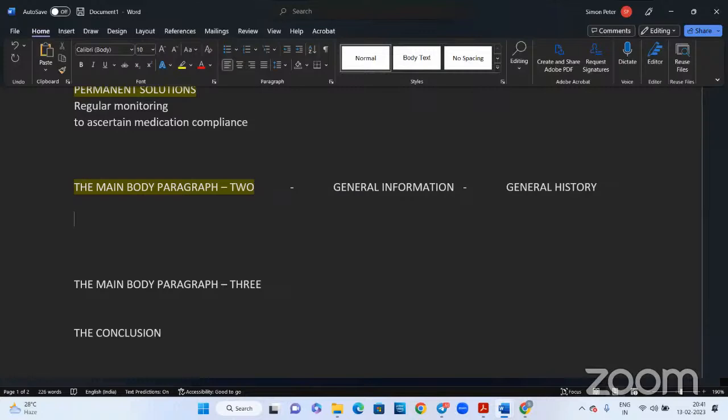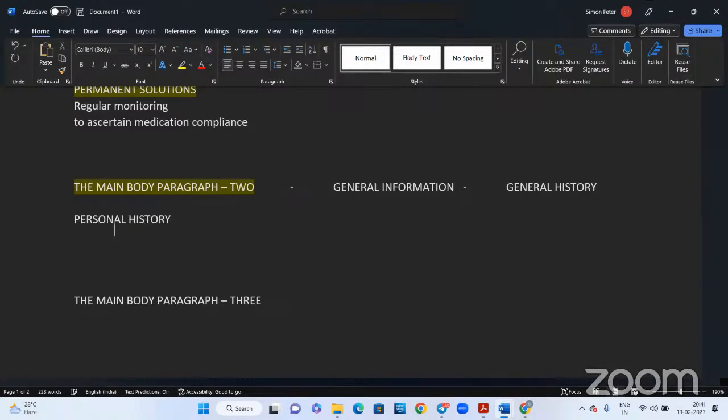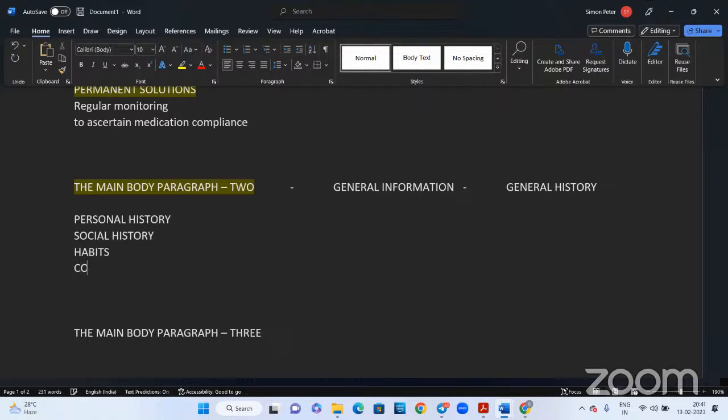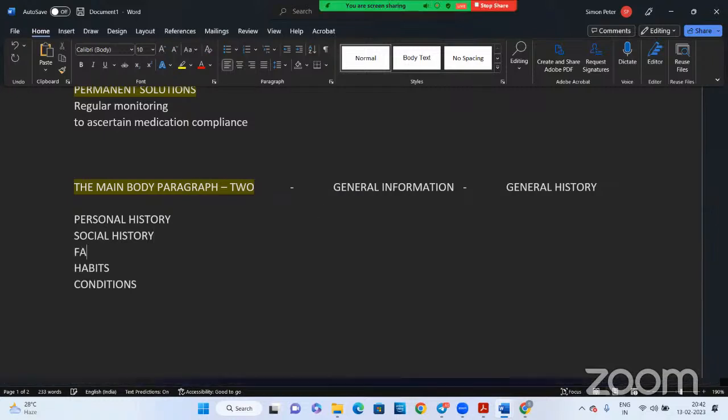Personal history, then social history, and then habits and conditions, general condition, all general things: personal history, social history, family history, lifestyle, and other conditions. All the general things should come here.